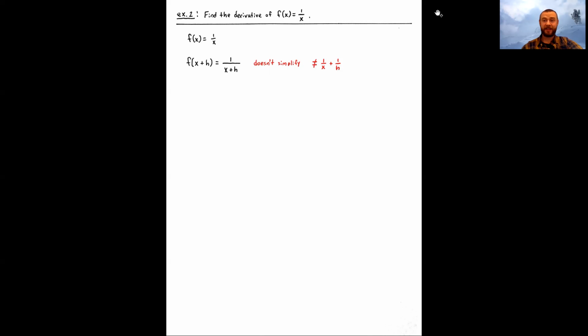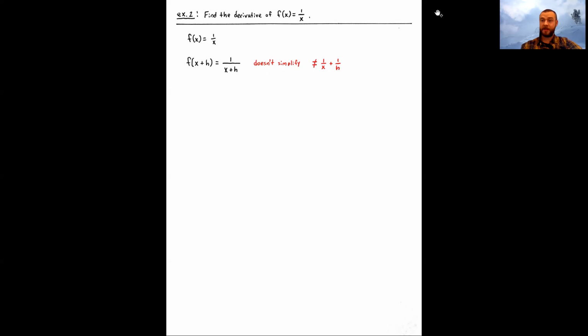That does not split into the two fractions, 1 over x plus 1 over h. Another common algebraic mistake I see by even some of the best calculus students I've encountered. Again, it's your algebra skills that either allow you to excel or hold you back within Calculus 1.